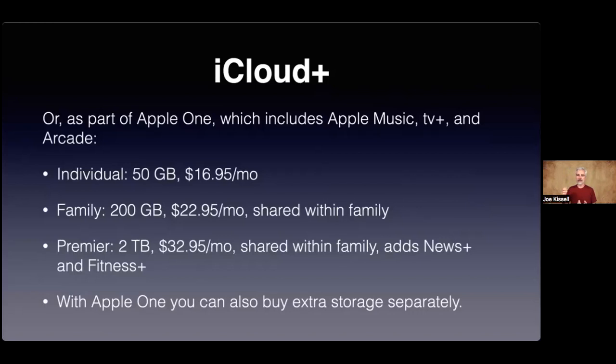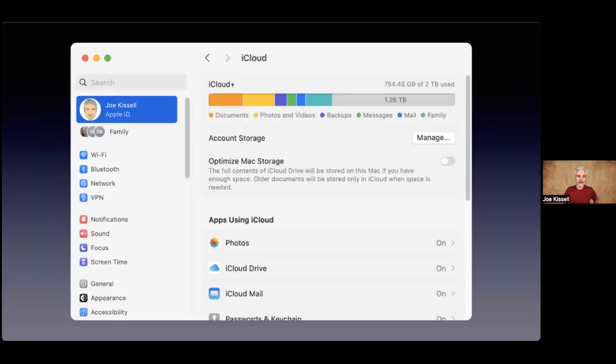We use News Plus. I use Apple TV Plus all the time, Apple Music. So it just makes sense. It's a very substantial savings of money as opposed to buying all those things individually. Now, if you get an Apple One plan, you could also still add more storage on top of that. But for most people, one of these things will be sufficient.